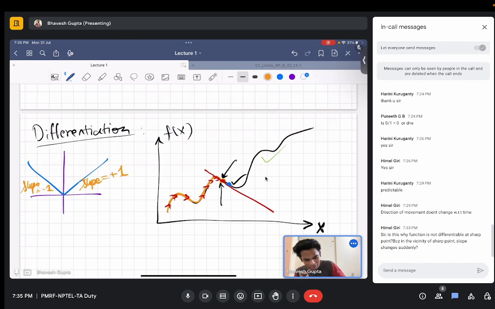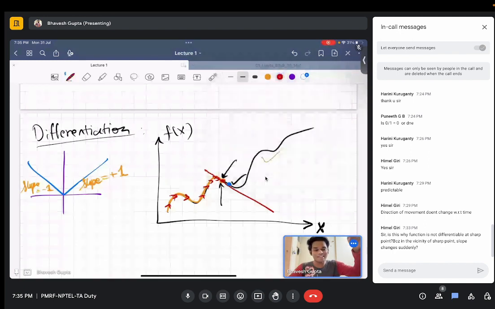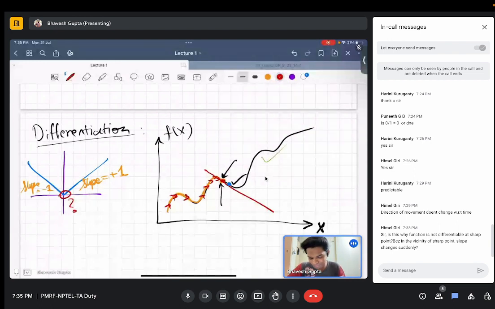That means you cannot comment about the slope at this point. And that's why we say this graph doesn't have any slope. I mean, not that it doesn't have any slope, it has an undefined slope at x equal to 0. That's why we say this function is not differentiable at x equal to 0.